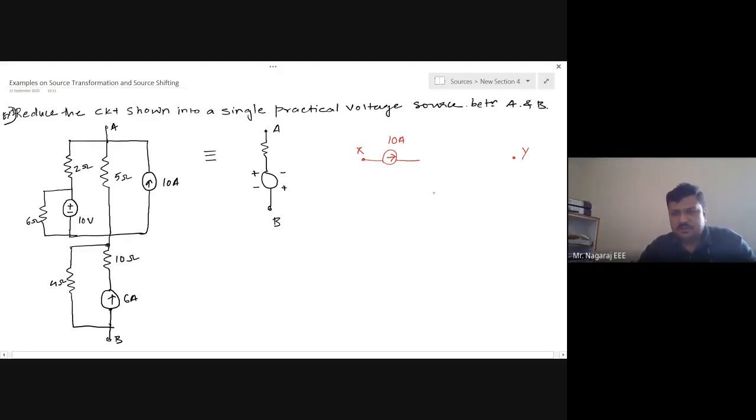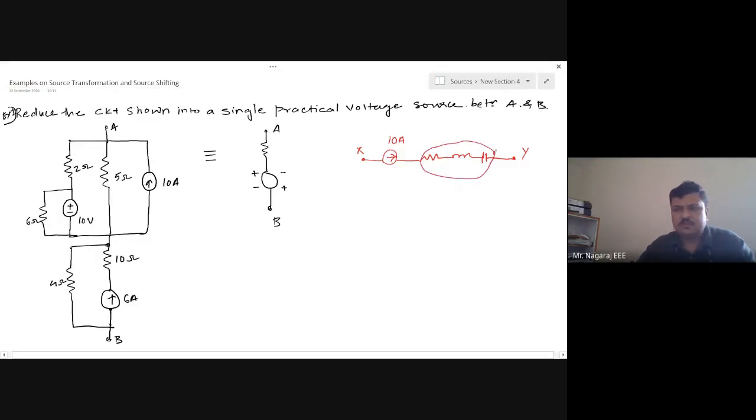One thing you should remember: when I have a current source in any branch, whatever number of passive components I may get in series, any number of resistors, ten resistors, a few inductors, some capacitors, whatever it is, I don't have the effect of these passive components in any way.